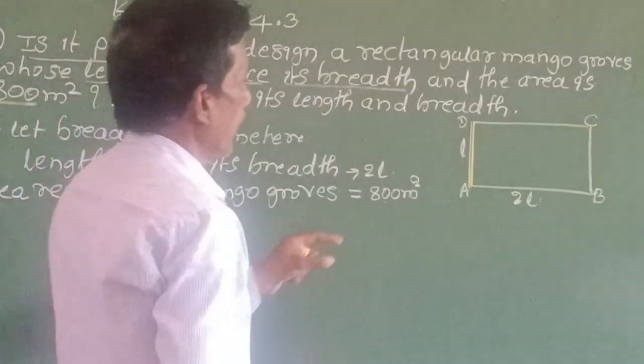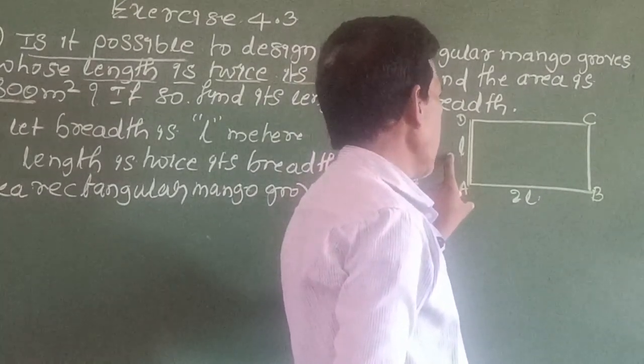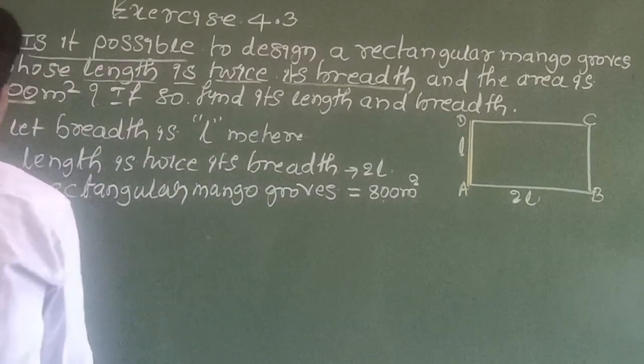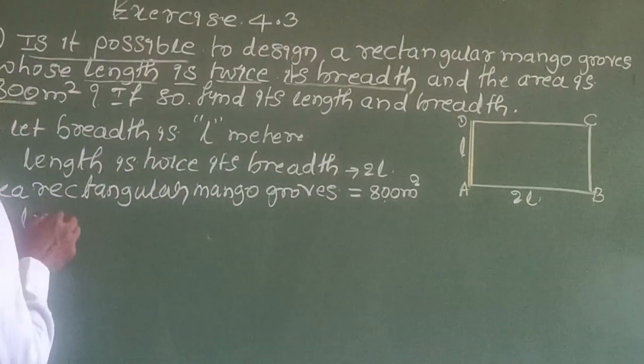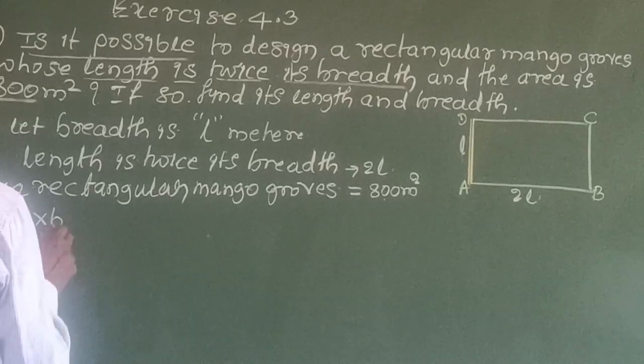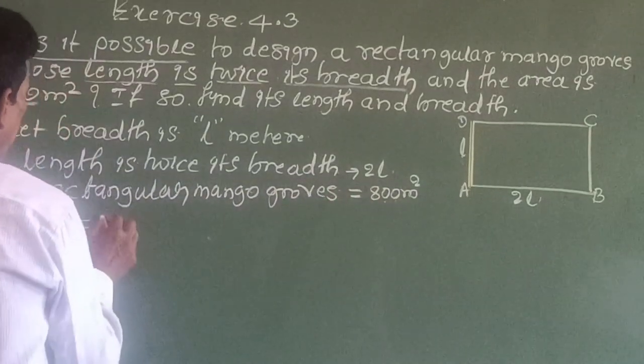The area of a rectangle is length into breadth, and the area is given as 800.